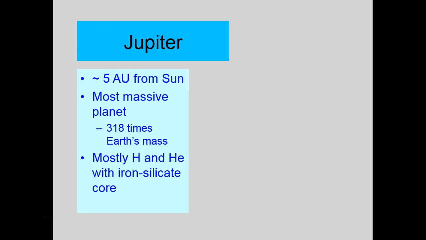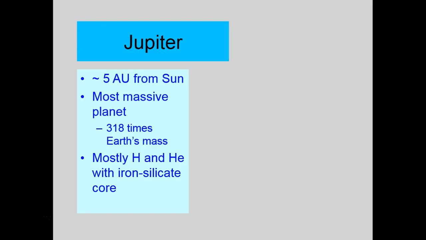The most massive planet by far, okay? 318 Earths to match one Jupiter in mass. Now in size, it's even worse, because Jupiter is a gas giant, okay? But in mass, 318 times Earth's mass. It's made up mostly of hydrogen and helium.